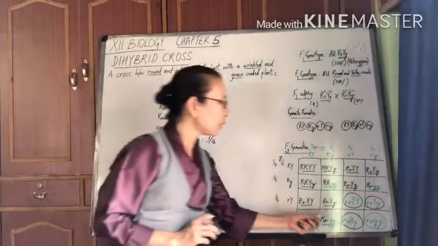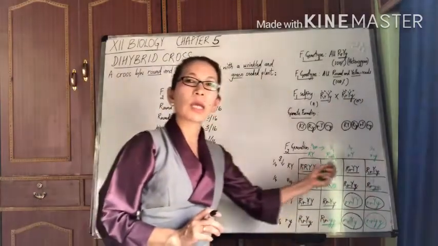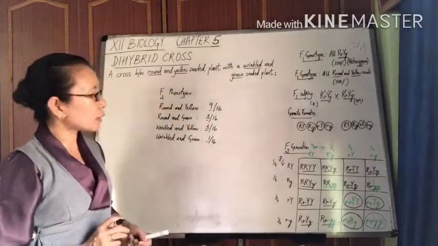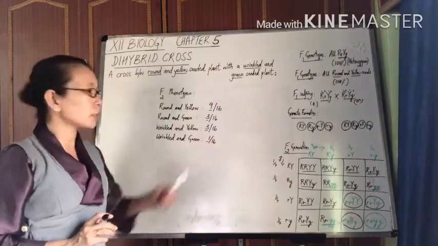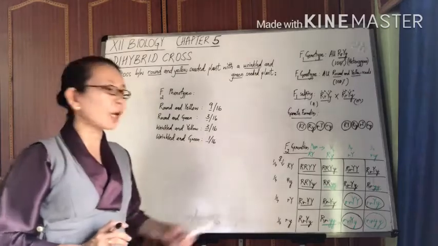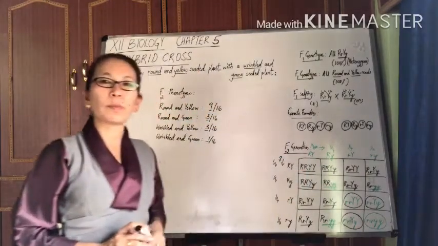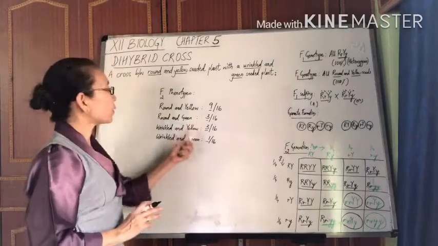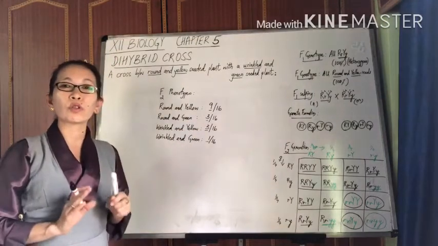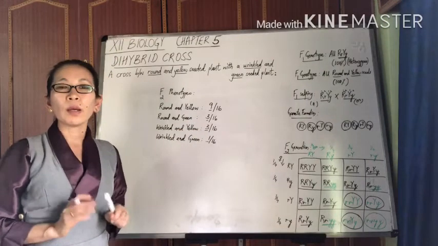Okay, and we can easily find such 16 different possible genotypes and all of these 4 possible phenotypes by working on the Punnett square. Alright, so the phenotypic ratio is 9:3:3:1. This is very important for you to note.